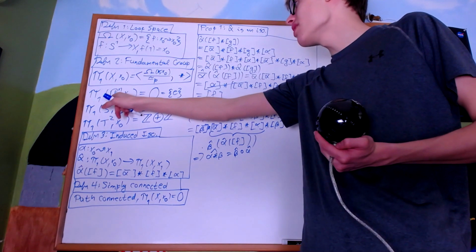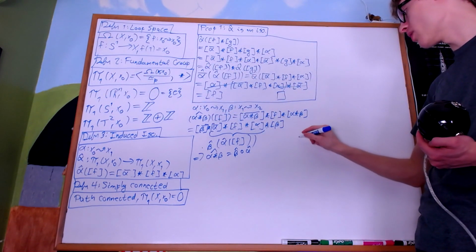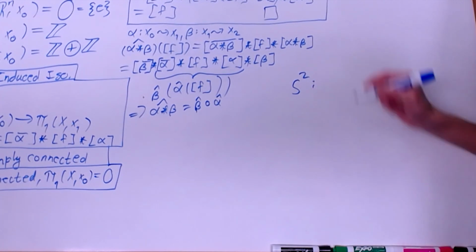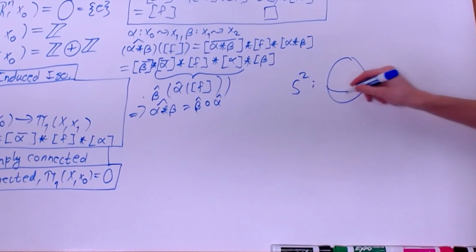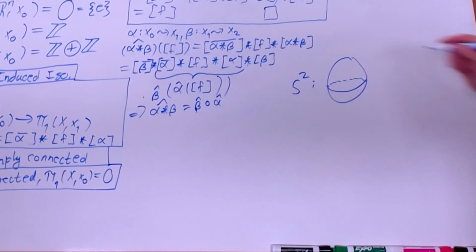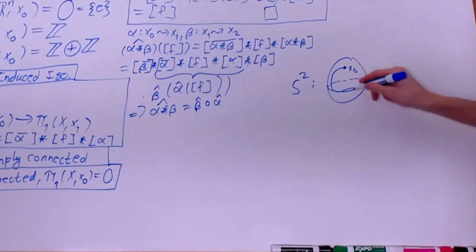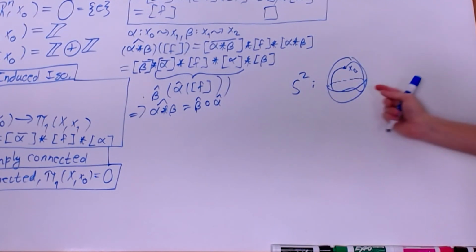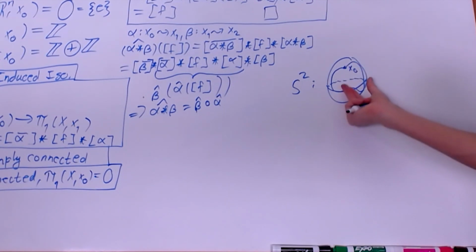So I just said that Rn is an example, but what is another example? Well, the sphere, S2. Let's go ahead and see why that is. Let's go ahead and say you have your sphere. Let's go ahead and pick your base point, x0. Any loop around x0, no matter how you pick it, can always just be moved back in to the constant map.